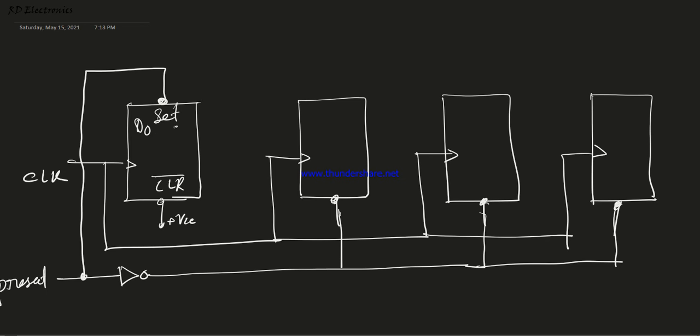So this is the D0 bit, this is the Q0 bit, this is the D1 bit, this is the Q1 bit, and this output is connected to D2, this is Q2, this output is connected to D3, and this is Q3.